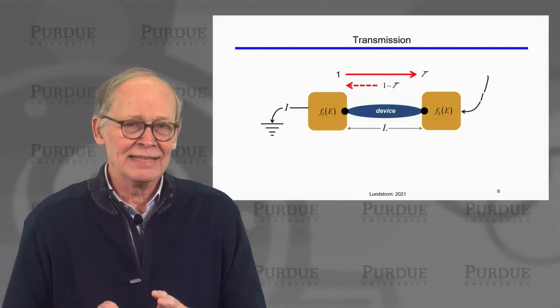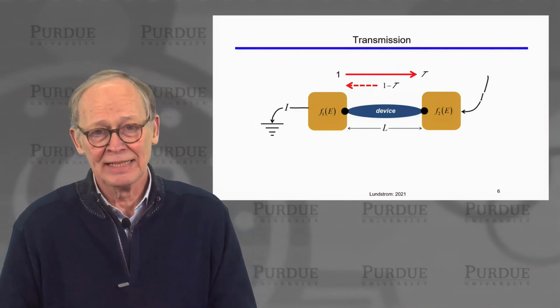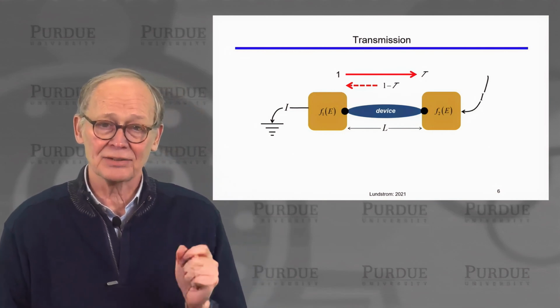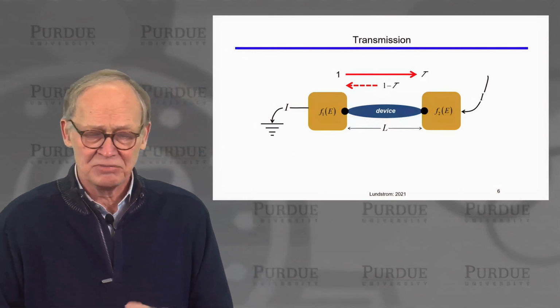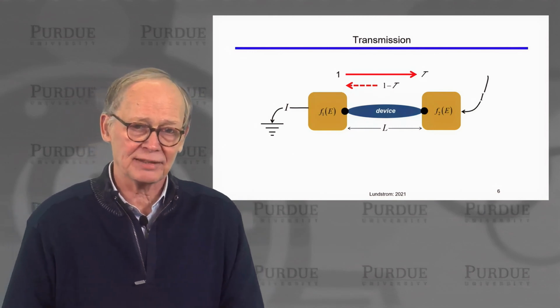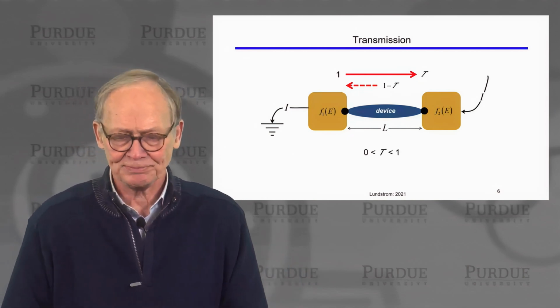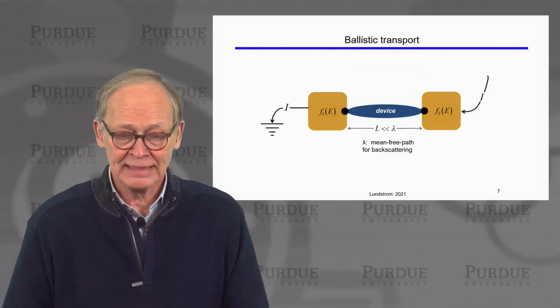We're going to assume that there's no recombination in this device. The electron doesn't disappear. If it's injected, it either has to come back into the first contact or it has to exit from the second contact. Same thing happens if an electron is injected from contact 2 and transmits across to contact 1. So simply a number between 0 and 1.